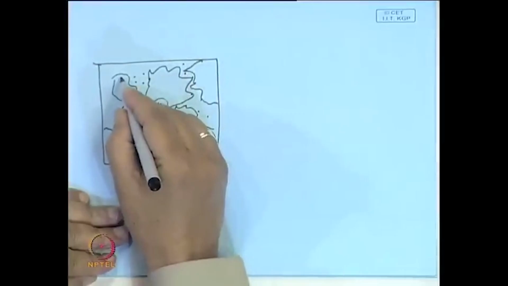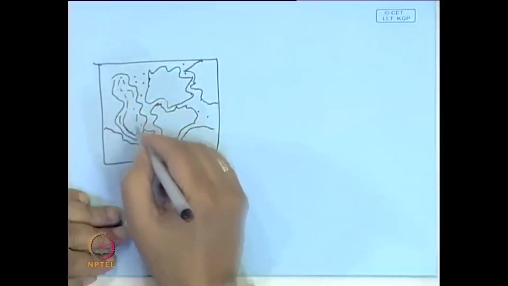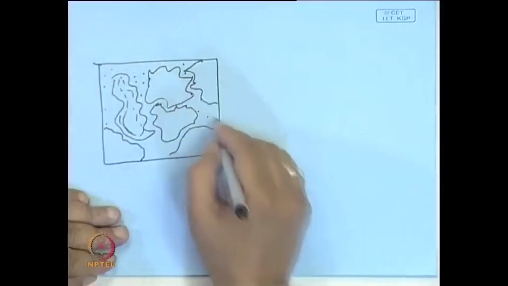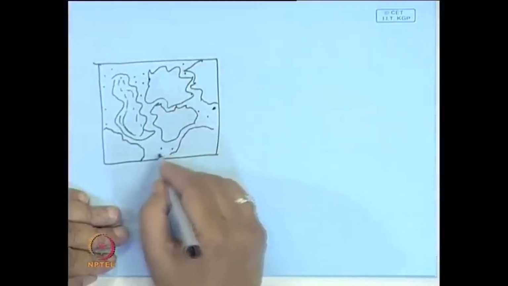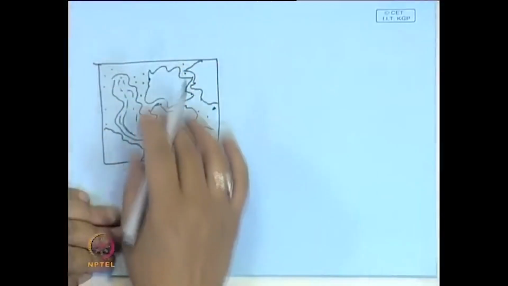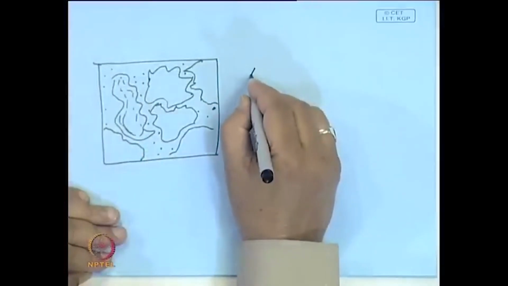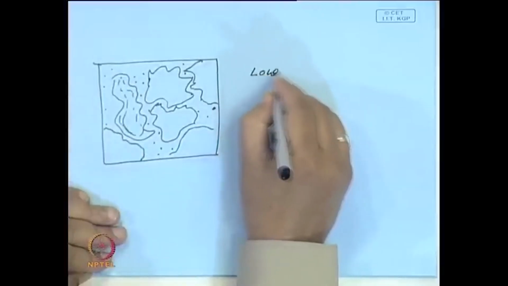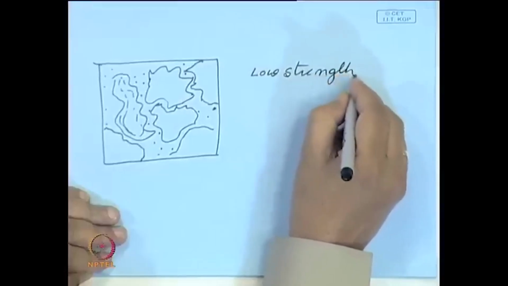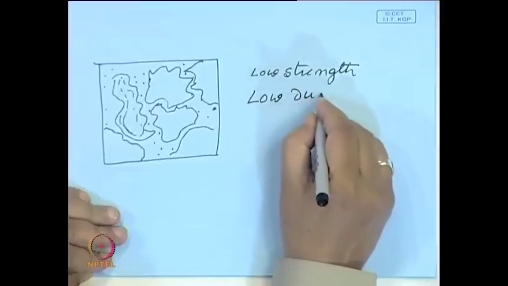Within this there is also a composition gradient. Sometimes there may be micropores here. So, this is a cast structure, and because of this type of microstructure, it has both low strength and low ductility.